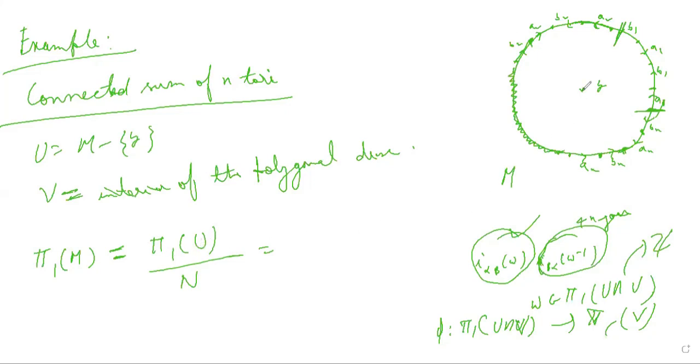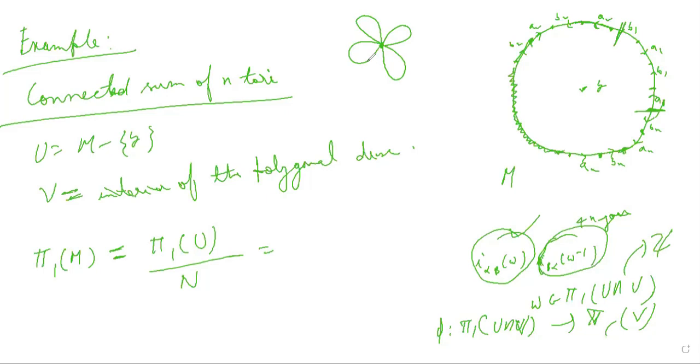And what is π1(U)? You can see that U deformation retracts onto this space, so you have n circles which touch each other at a fixed point.